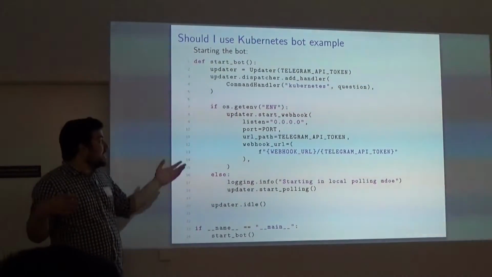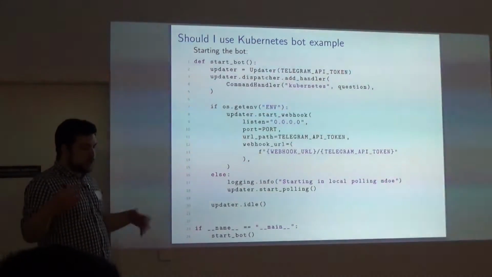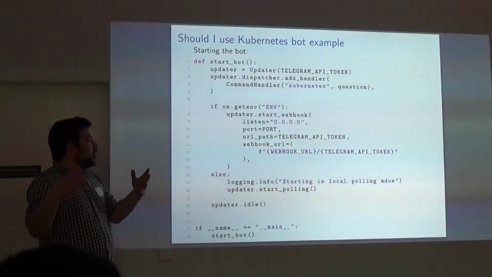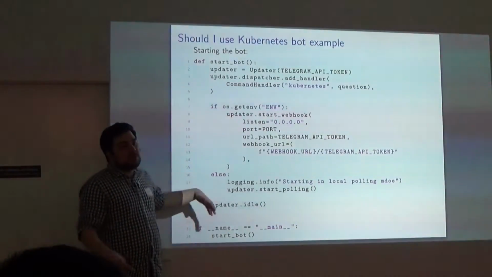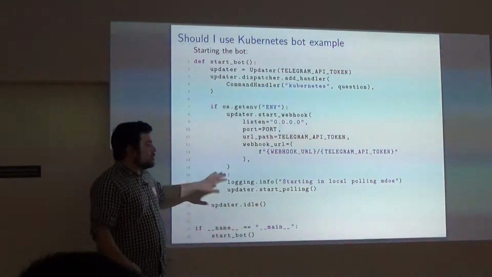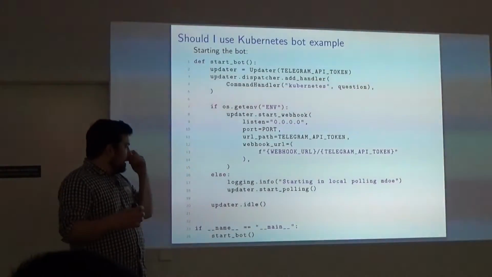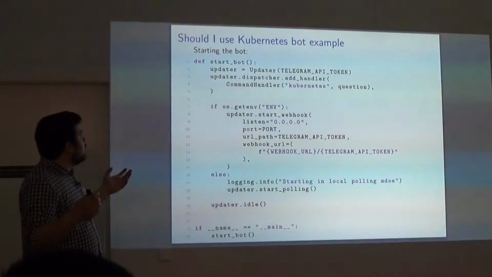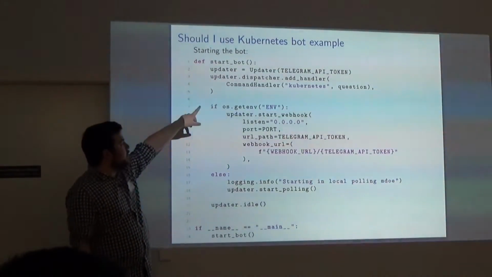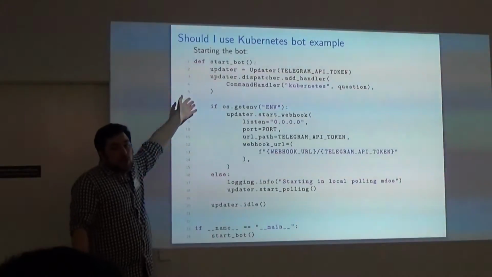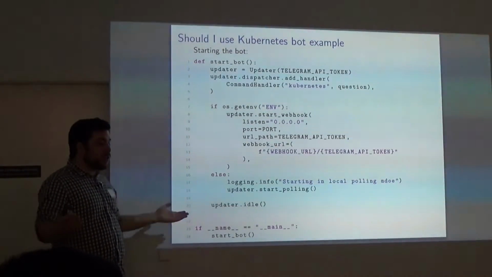But if we are not in this env, which I labeled for the production environment in Heroku, so for example, for running the bot locally, we just start polling as usual, and that's it. And of course, we register our callback first on the top, and we are set.